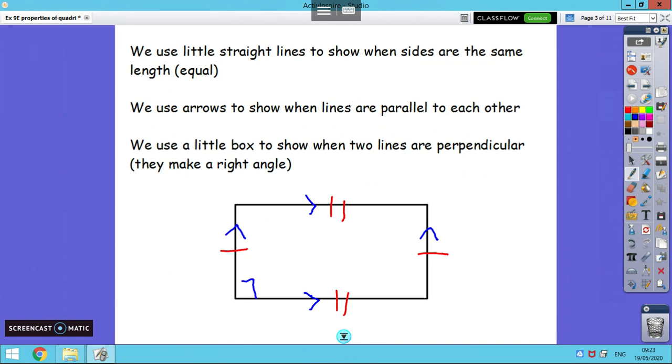Well, we know that a rectangle should have 4 right angles. So there we filled in all the important information on this rectangle. We know that it has 2 pairs of equal sides, we know it has 2 pairs of parallel lines, and we know it has 4 right angles. So they are the properties of that rectangle.